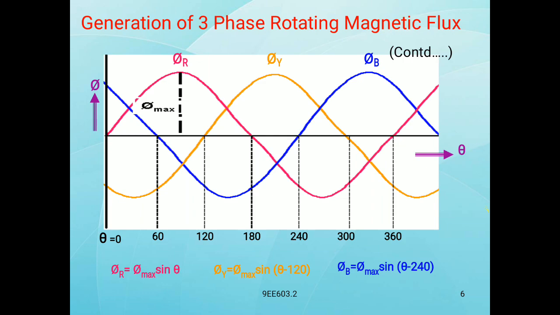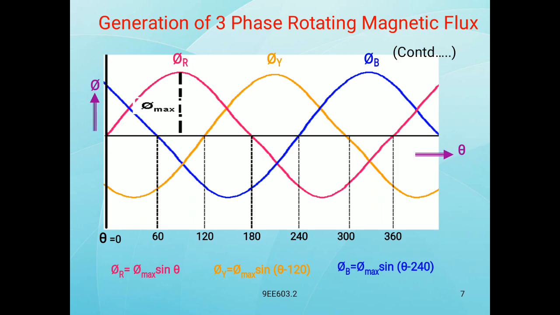Now phi B is equal to phi maximum sin of theta minus 240. This is the generation of three phase rotating magnetic fluxes, each displaced by 120 degrees. So this is the rotating magnetic flux.